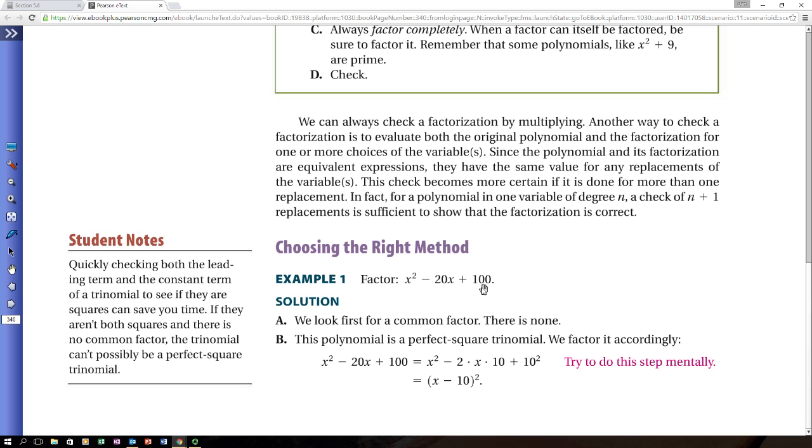So the square root of 100 would be negative 10, because negative 10 squared is 100, right? So we use negative 10 for the term of the binomial. So we have x minus 10, and the binomial is squared.